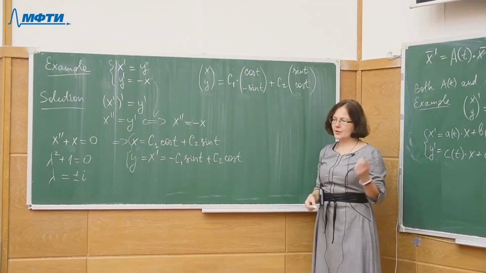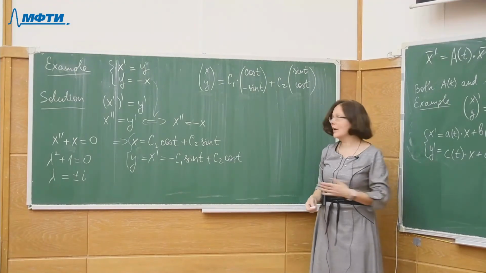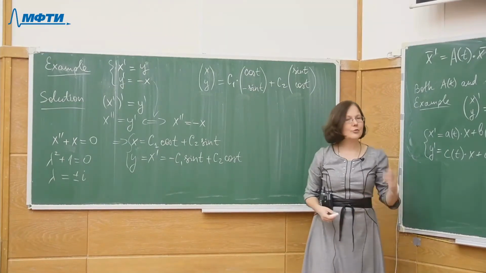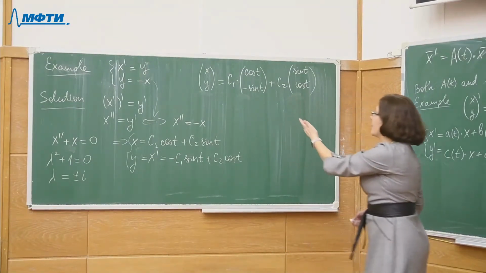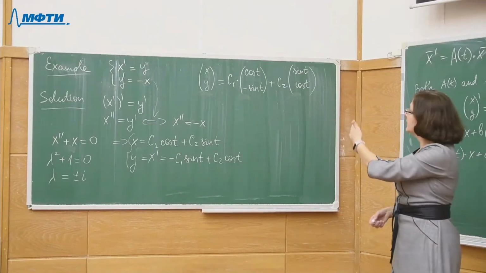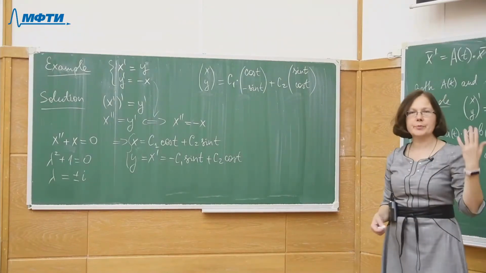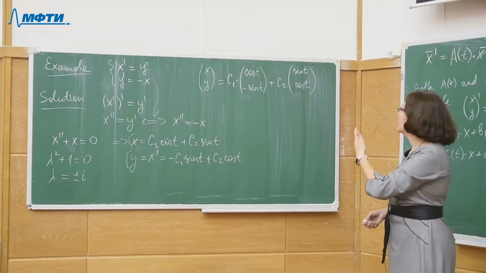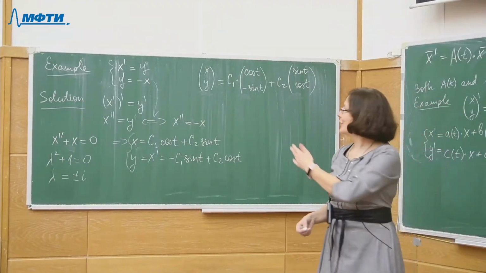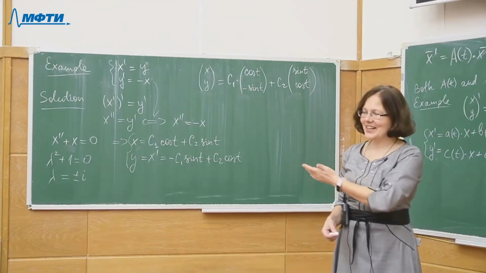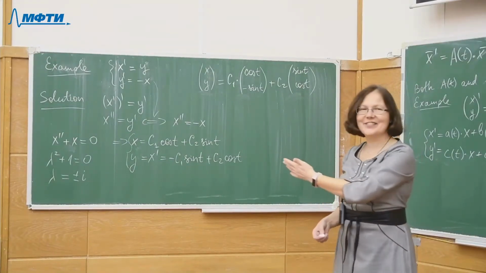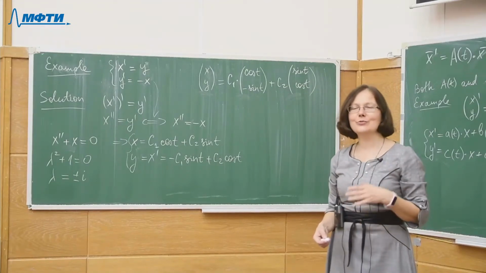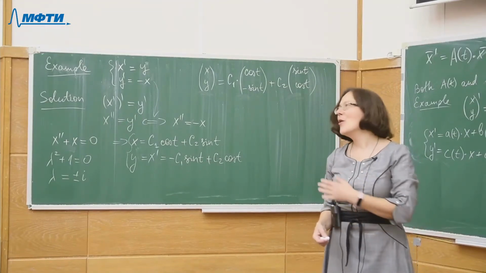Right? So during the lecture, I'd like to generalize this result. We will try to prove that any general solution can be represented as a linear combination of particular solutions. It looks like the homogeneous linear system in the course of linear algebra, but this is also true in the course of differential equations.